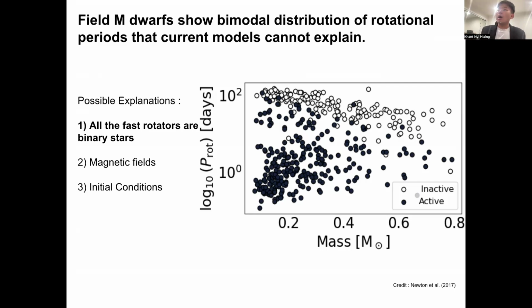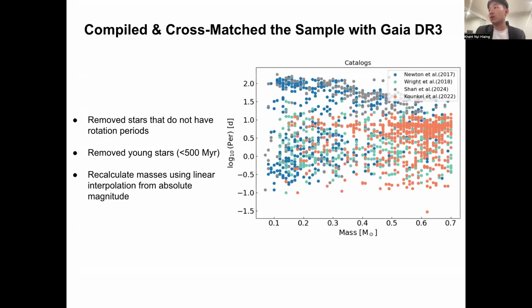And there are possible explanations for why this bimodal distribution is happening. One, all the fast rotators are binary stars, the second, it's because of the difference in the magnetic field topology, and the third is the initial condition of the stars. But in my work, I'll be examining the binary hypothesis and prove that not all the fast rotators are binary stars.